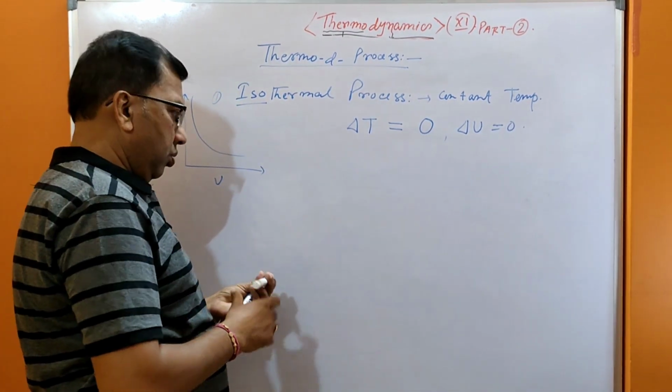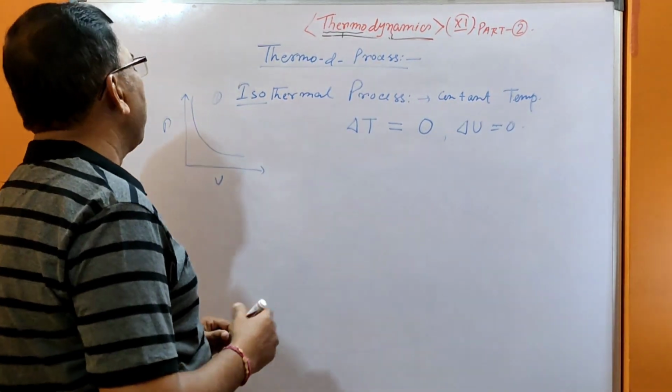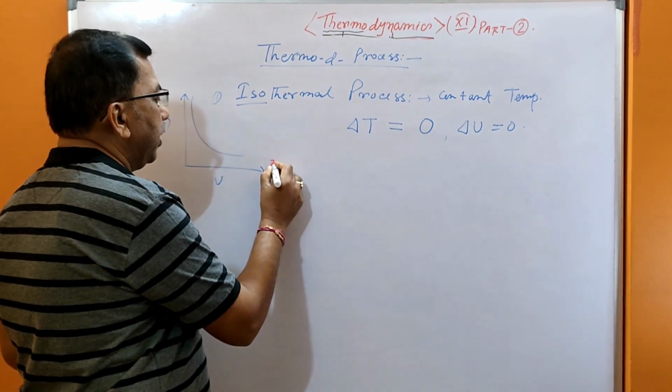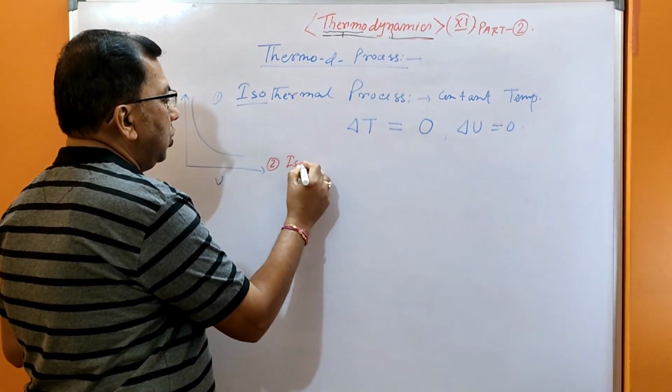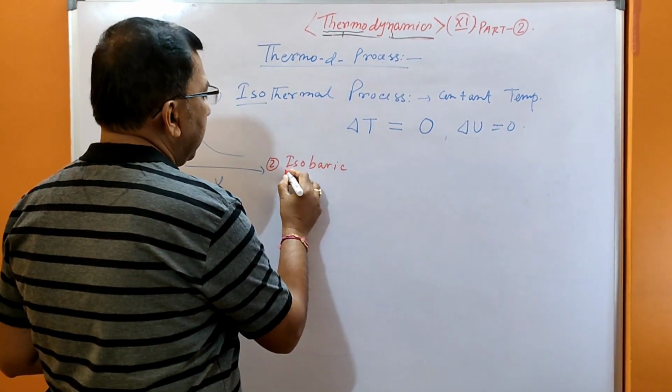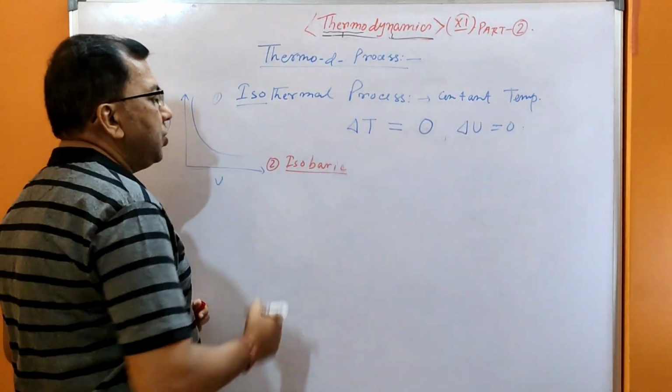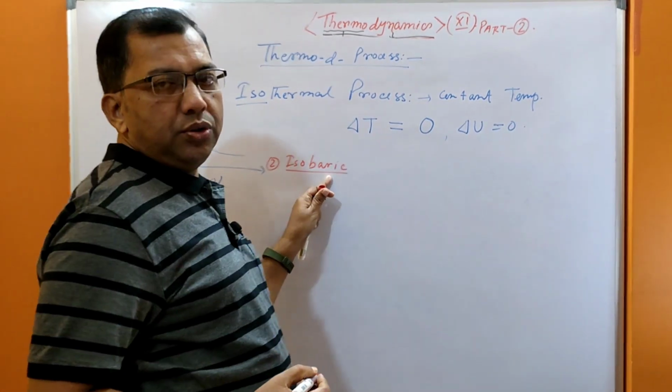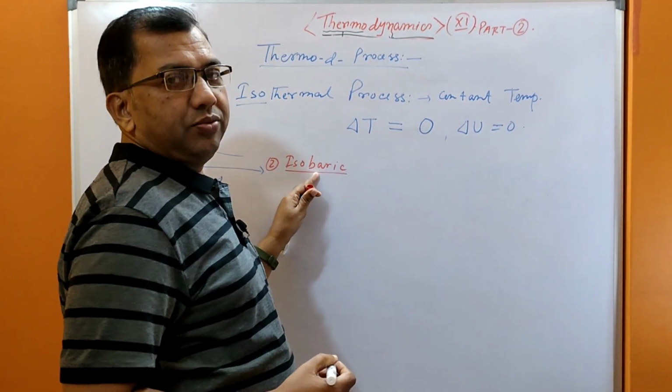Next, number 2 is the isobaric process. Iso means same. Bar means pressure. Same pressure.